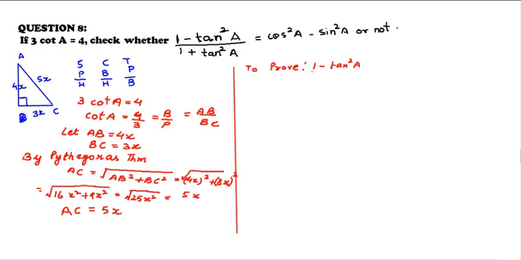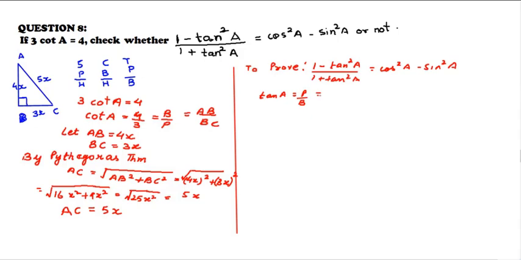What do we have to prove? (1 minus tangent square A) upon (1 plus tangent square A) is equal to cos square A minus sin square A. We have to check whether this is so or not. So let us find the value of tangent A. Tangent A is equal to perpendicular upon base.